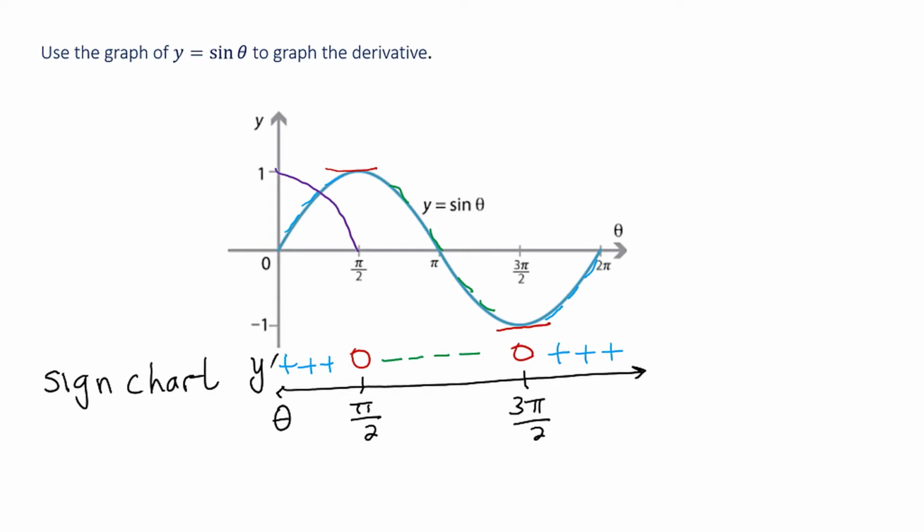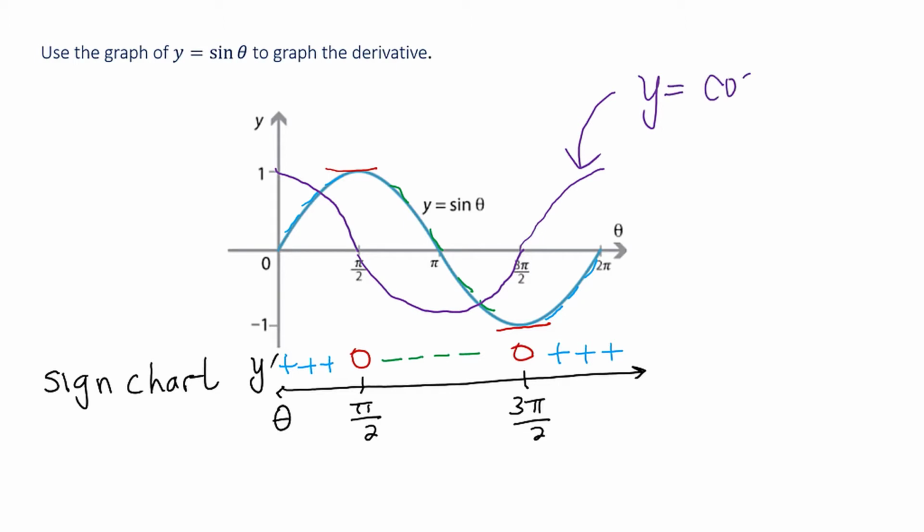Where the sign is negative, the graph of that derivative will be below the x-axis, and again where the sign is positive, the graph of the derivative would be above the x-axis.